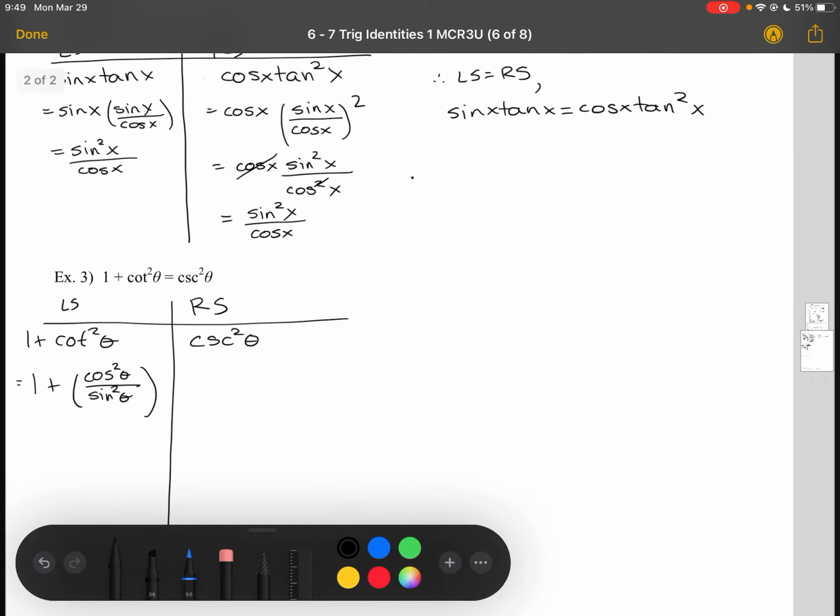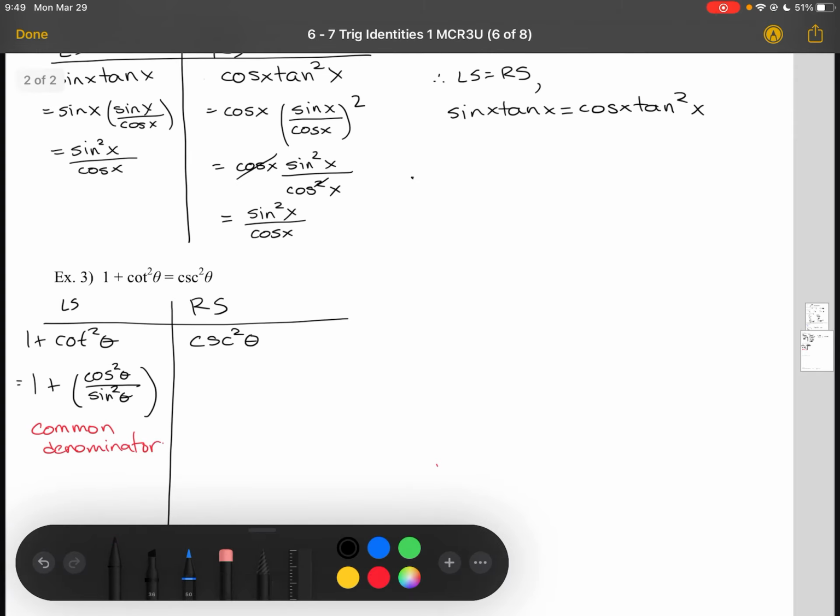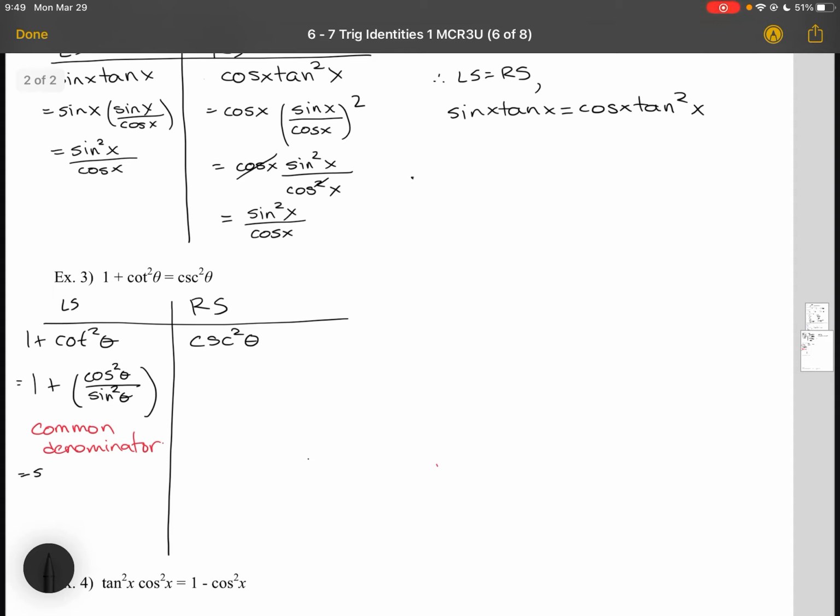Okay, so I've got two terms here, but I know how to add fractions. I need a common denominator. So I can find that here. So that means I would have sine squared theta over sine squared theta plus cos squared theta over sine squared theta.